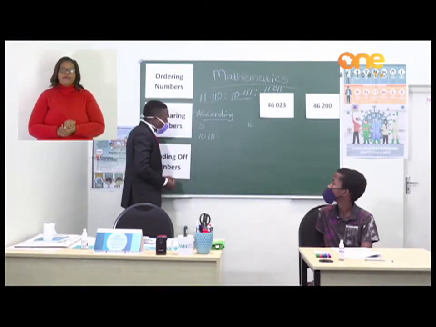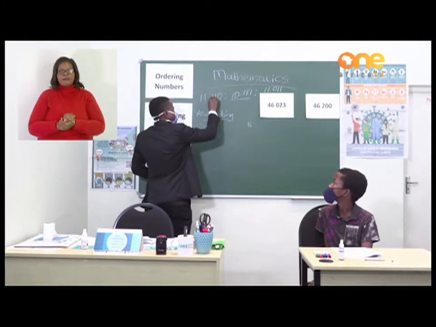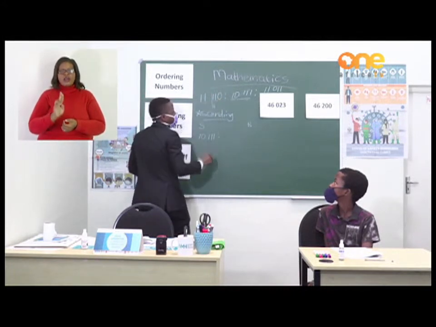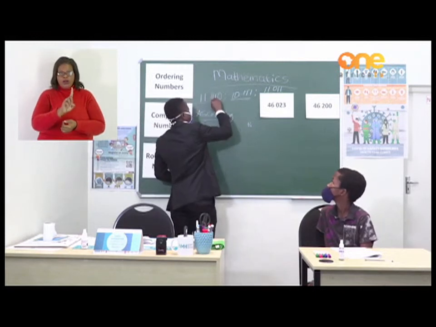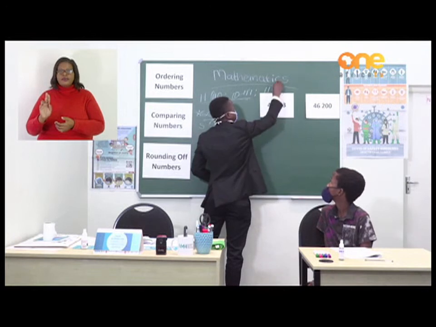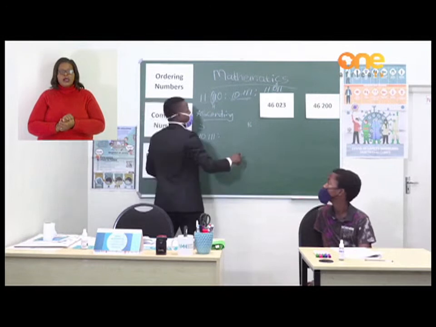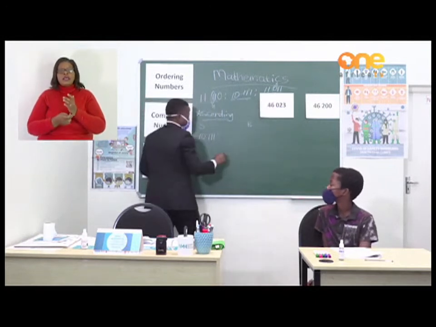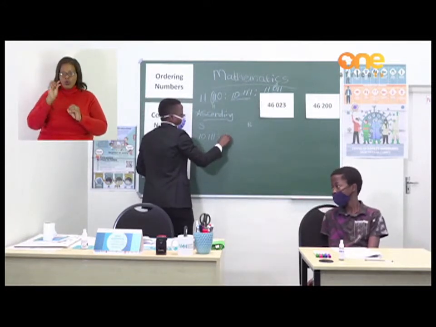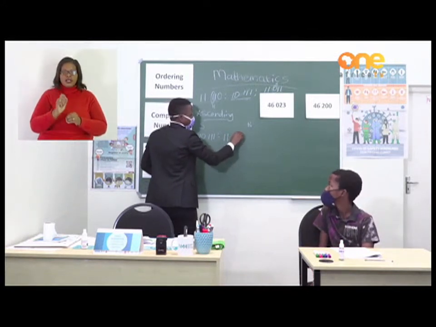So in that way, there is 100 here, which is a 1, and at the place of 100 here, there is a 0. That way, we know that this number will be the smallest. So I'll write that one first.